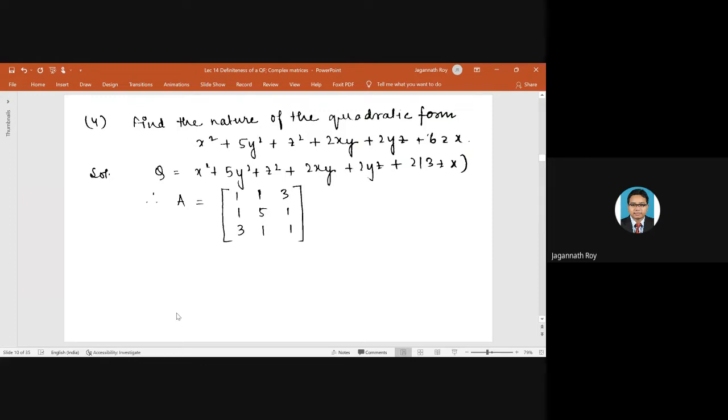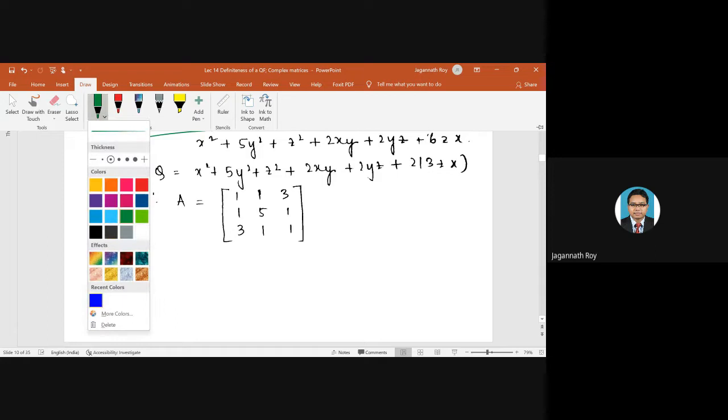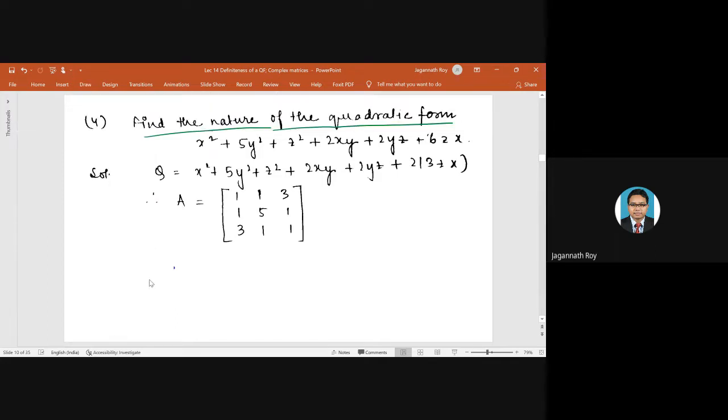For example, if this question is asked to you, to find the nature of this quadratic form, then what will you do? First, you have to find the matrix of the quadratic form, given by A. Then you try to find D1, the determinant, so this is 1, greater than 0.